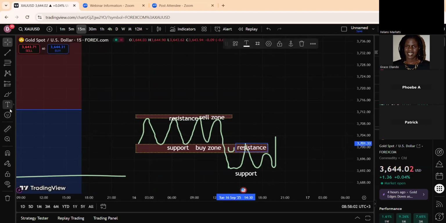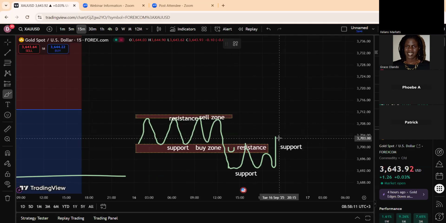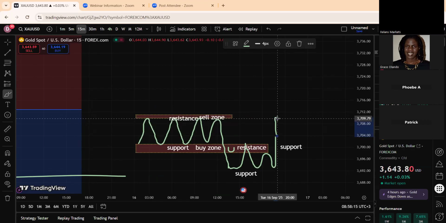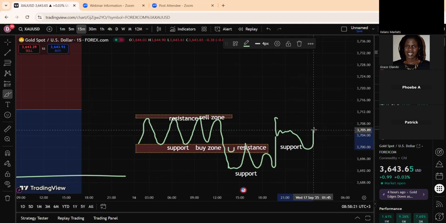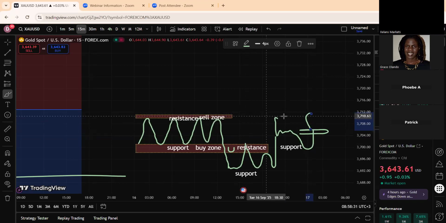It will turn out to be our support again, because the market might decide to come, hit my resistance, or within this area it might decide to create another resistance, then push down to the support, back to the resistance. If the resistance is broken again here, it now becomes the support, then the market pushes to this area here.